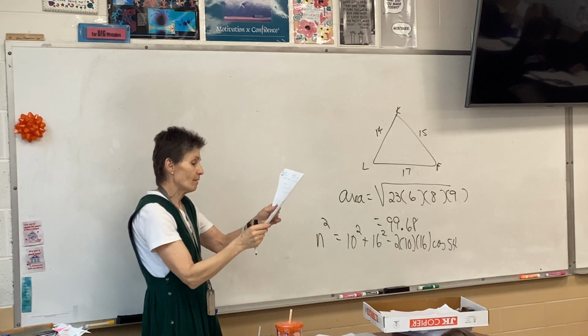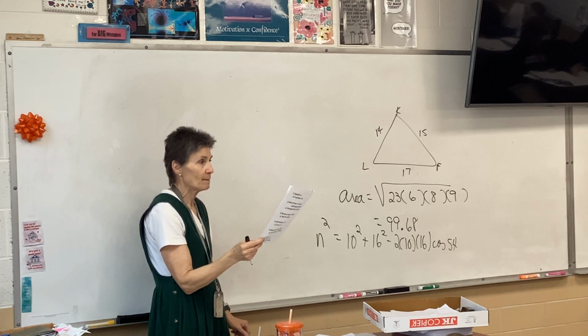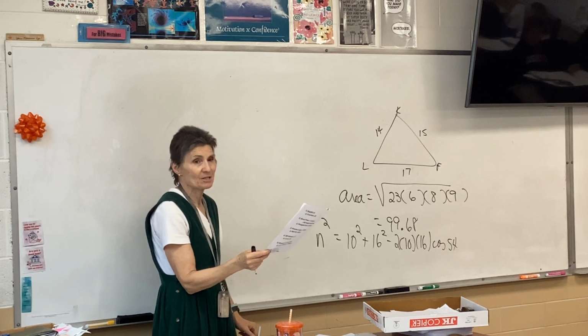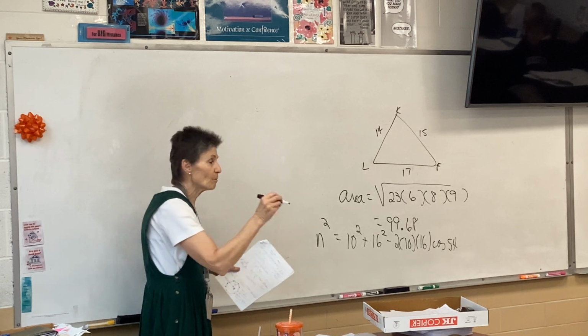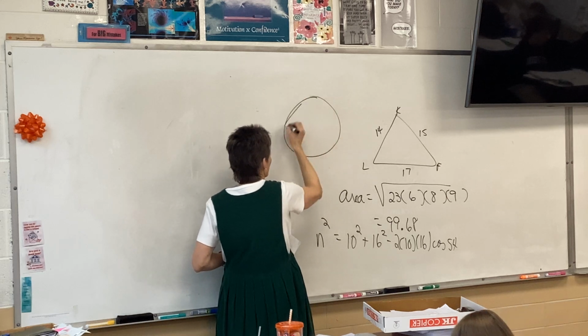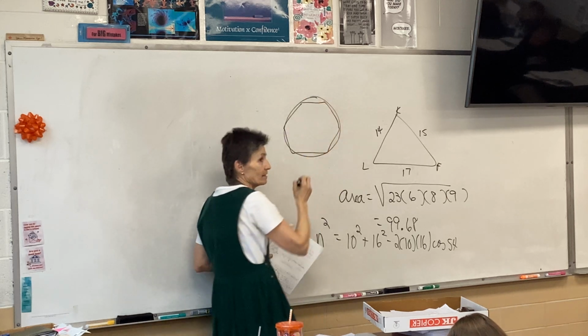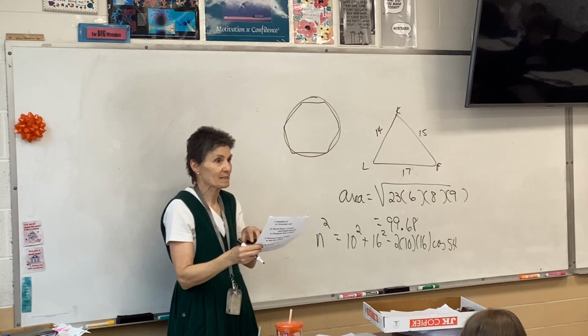Find the area of a regular nonagon circumscribed about a circle of radius 10. So, what our other problems were, we had a circle with our figure inside of it. That's called inscribed. What does this one say?